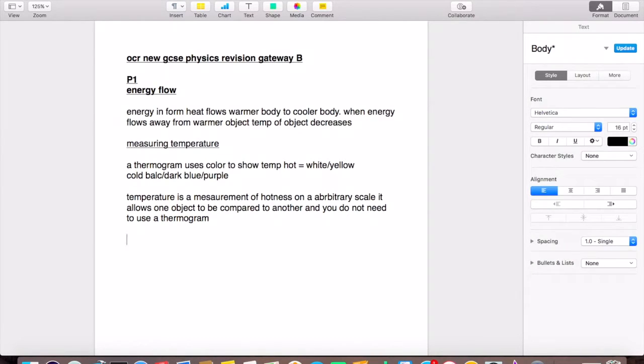When the temperature of the body increases, the average kinetic energy of particles increases.